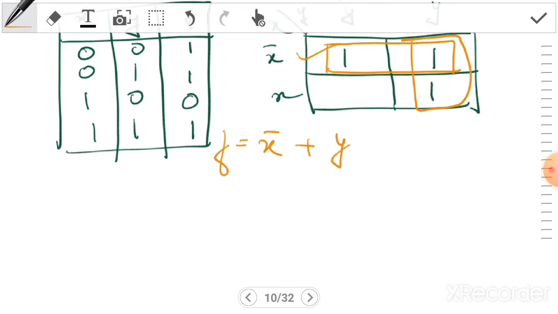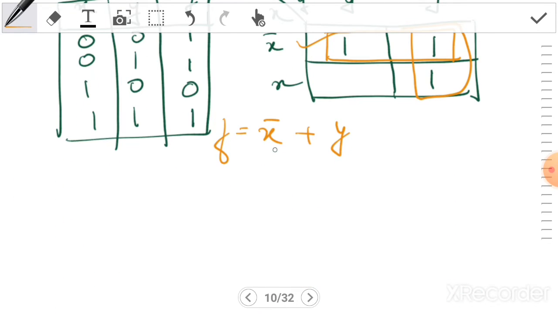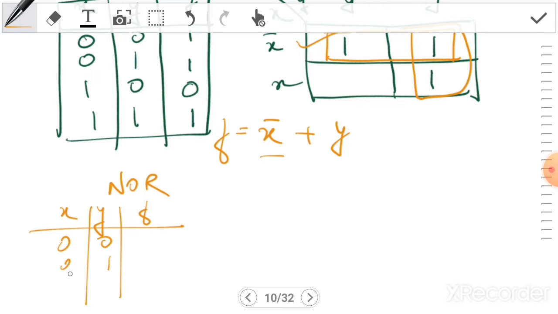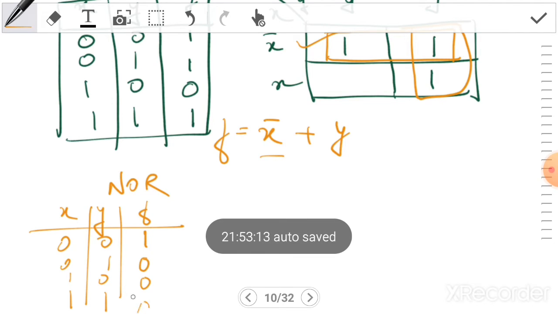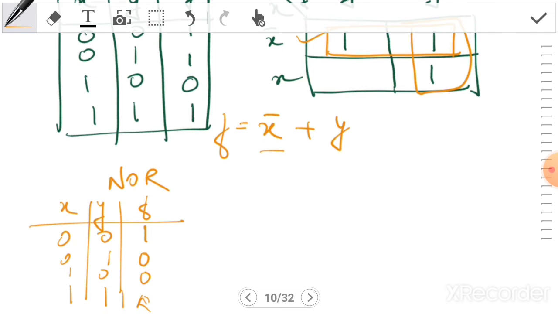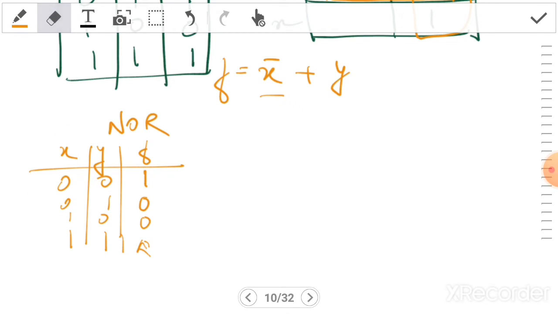So to get x complement, let us use NOR gate here, because NOR truth table is as follows.